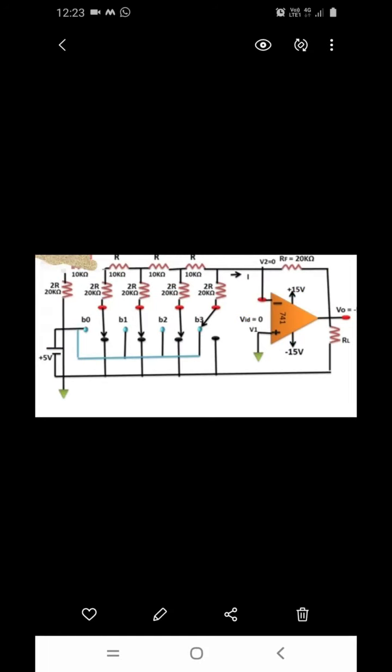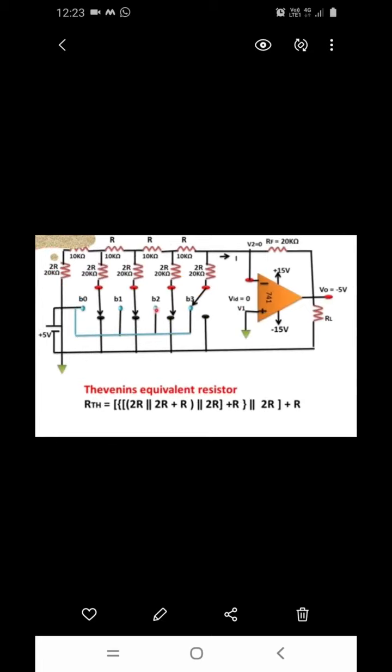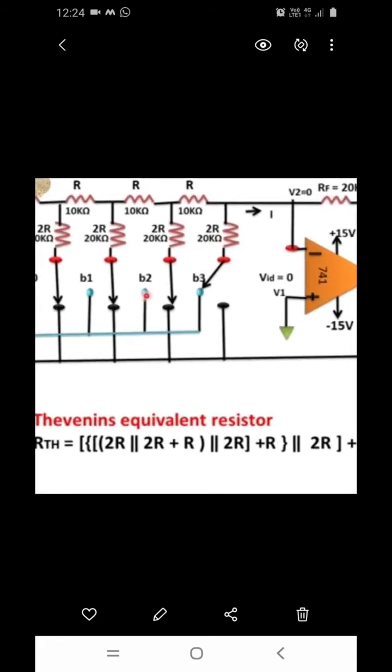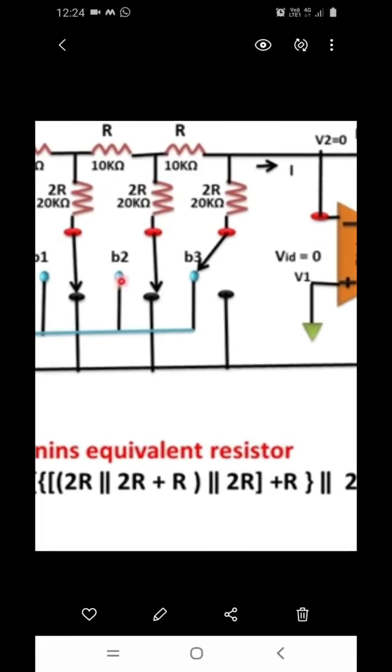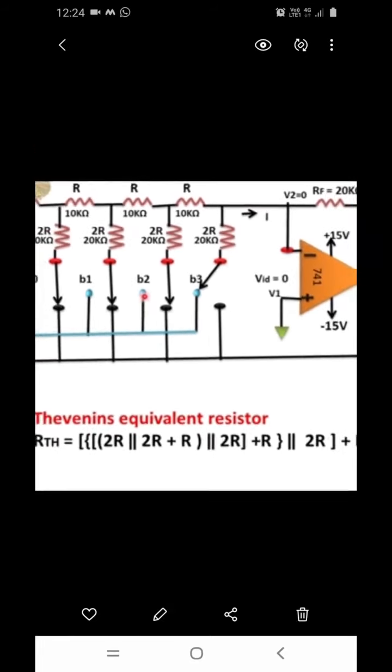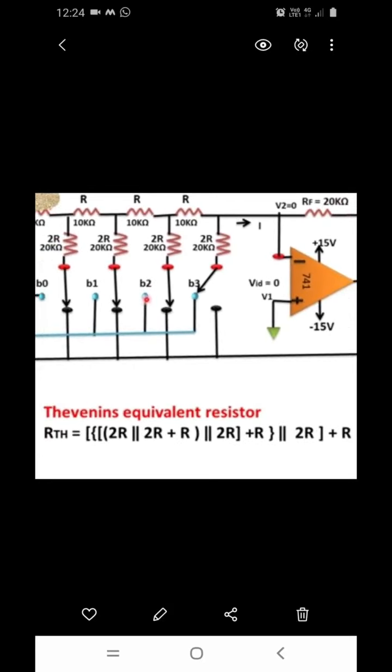Then applying Thevenin's circuit to the left of switch B3, the resistance RTH is 2R parallel with 2R, plus R. These two are in parallel and in series with resistor R, which is in parallel with the 2R.